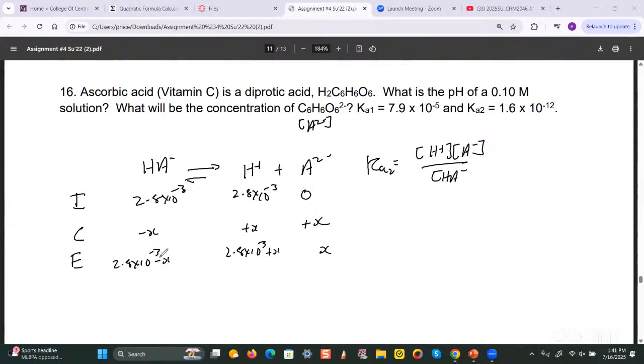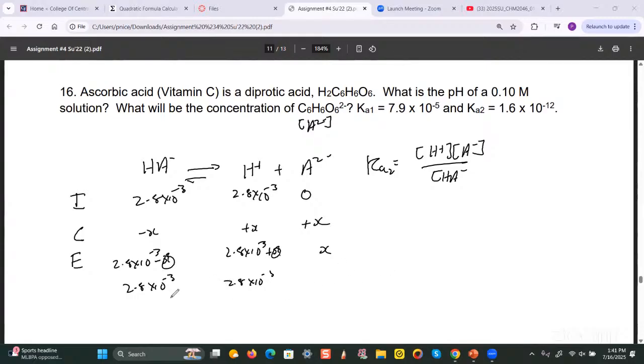For the second dissociation, we can effectively assume that X is going to be 0 here and here, because again, the second dissociation is so small. So basically, you have 2.8 times 10 to the minus 3 as the equilibrium concentrations at this stage, right?